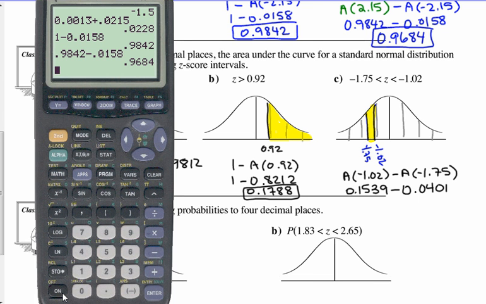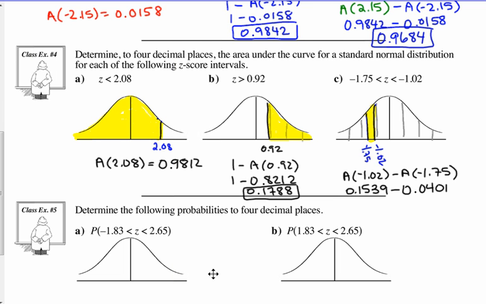So the area to the left of negative 1.02 was 0.1539 minus 0.0401. And what does that give us? That area in between is 0.1138. If we ever wanted a percent, we just times it by 100.